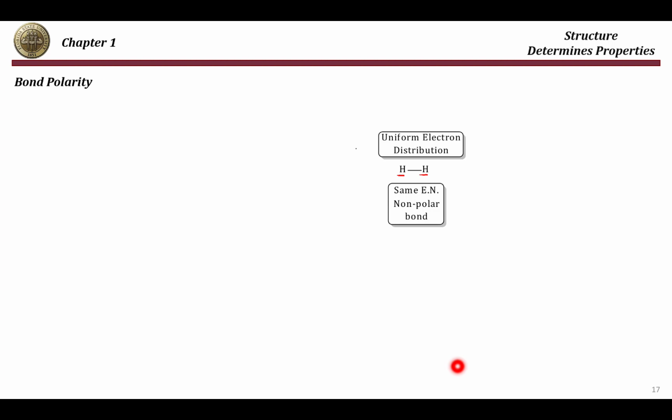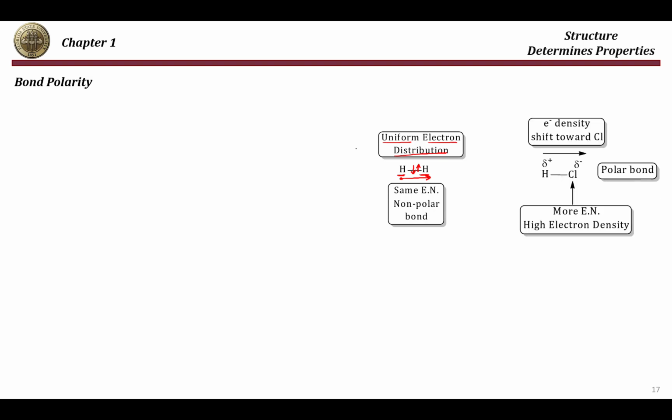Because we have a uniform electron distribution between the two elements. The shared electrons between those two elements, because we have similar electronegativity values on both sides, will be equally shared, and that's why we have uniform electron distribution. So if I'm moving from this side to this side, I will notice that the electrons are uniformly distributed.